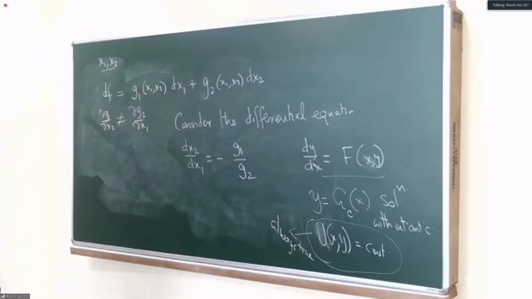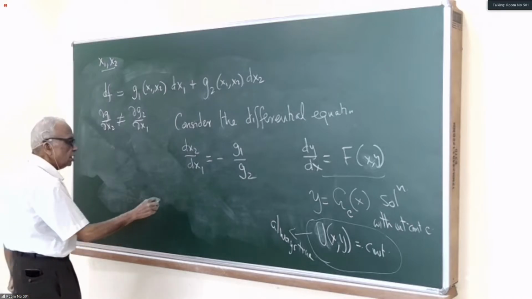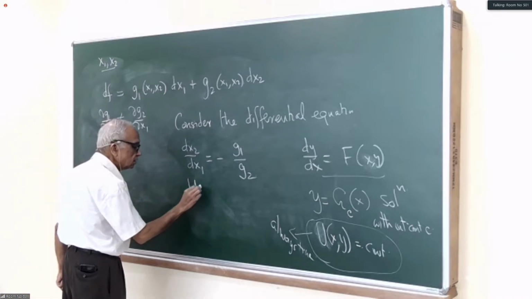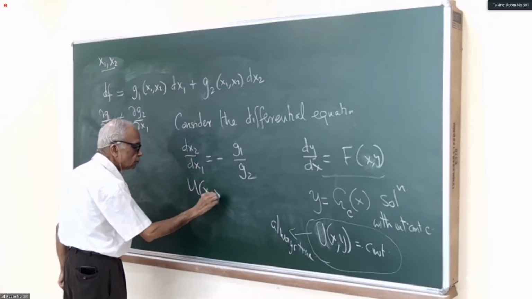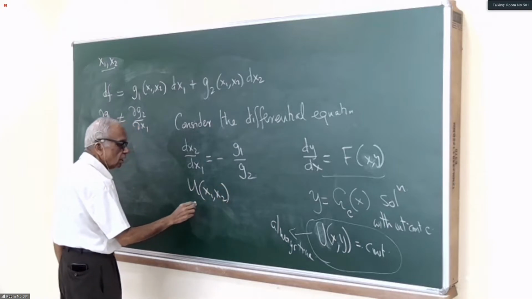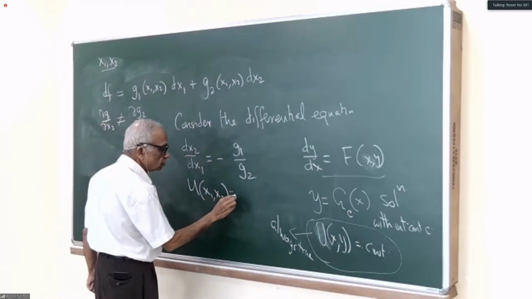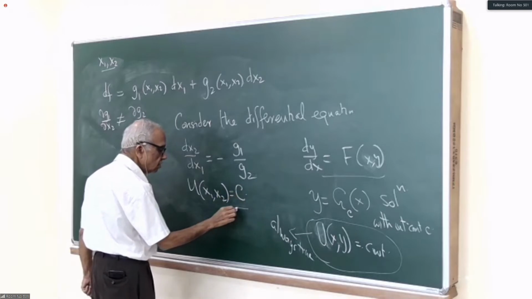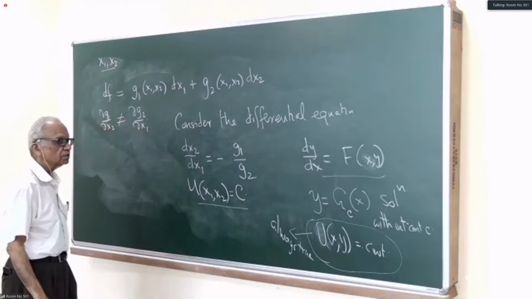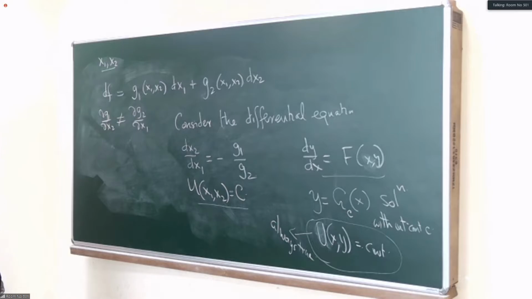So very good. My claim then is that some u of x1, x2 equal to some constant c is the form of this solution over here.